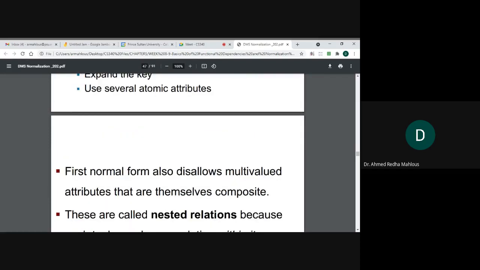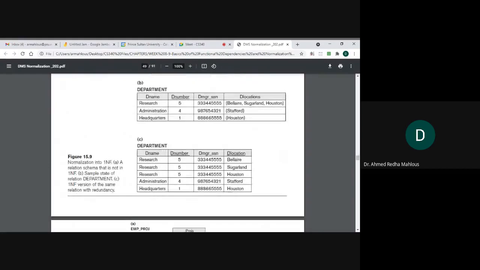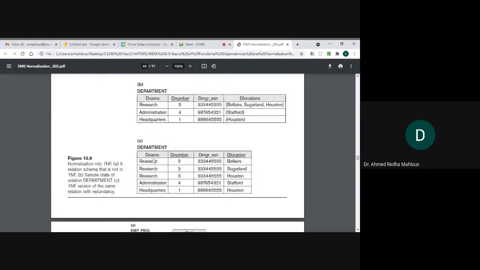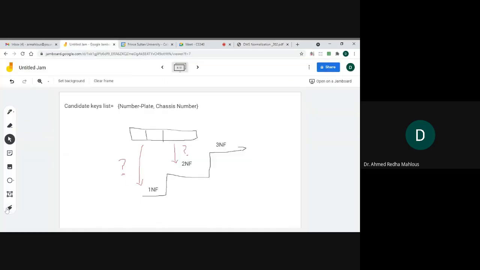Even if we do have repetition, if we do have redundancy, we don't care about it at this moment. What we care is, do we have all the attributes accept only one value? If yes, all the attributes are atomic, which means my relation is 1NF.